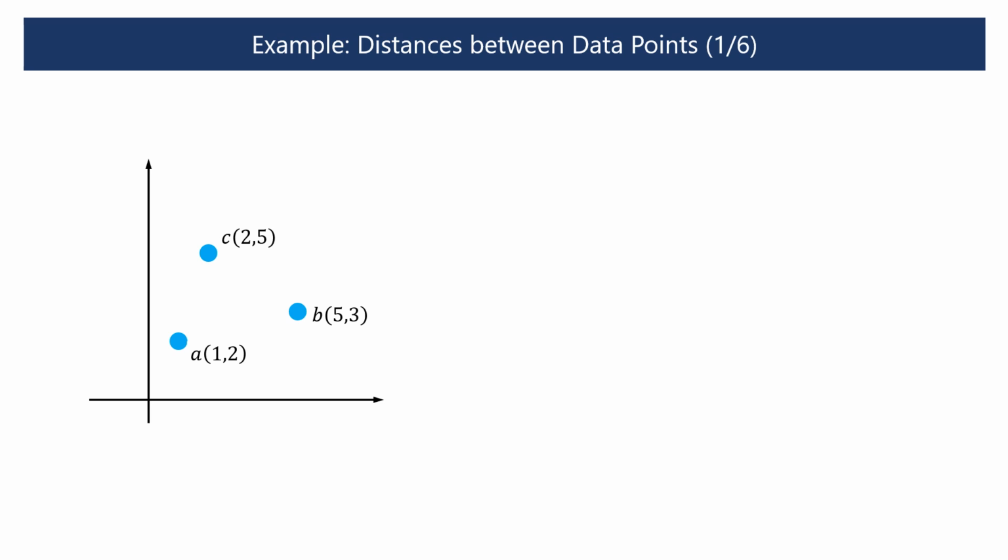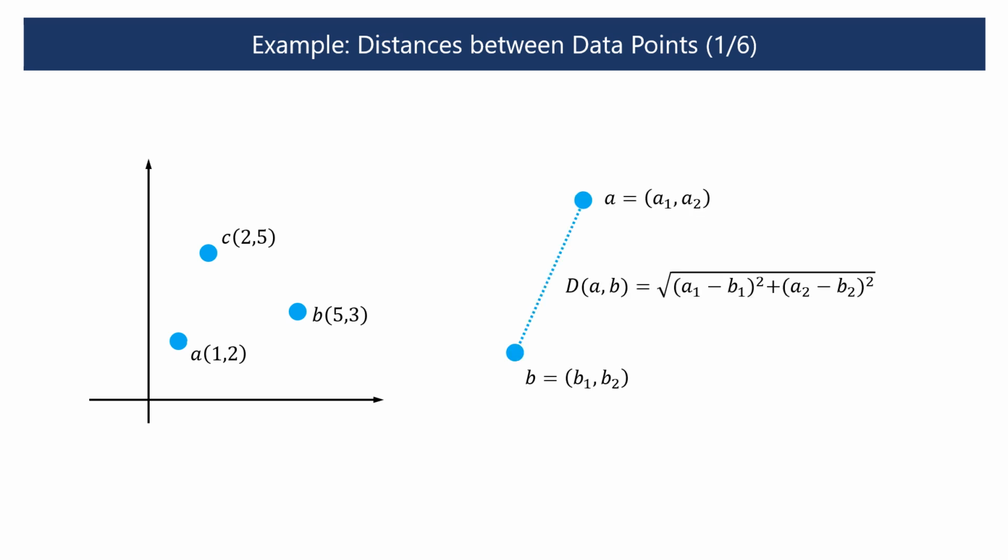Next, let's see the benefit of using matrices and matrix operations to compute distances between data points. Suppose we have these 3 data points. We want to compute the distance between these data points using Euclidean distance. We can compute the Euclidean distance between A and B using this formula. But here we have 3 data points.